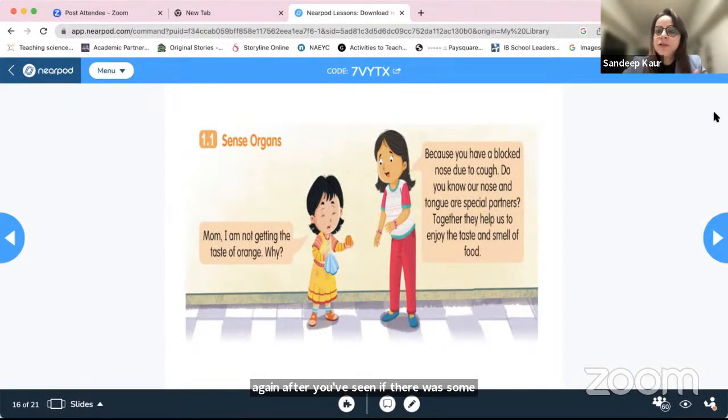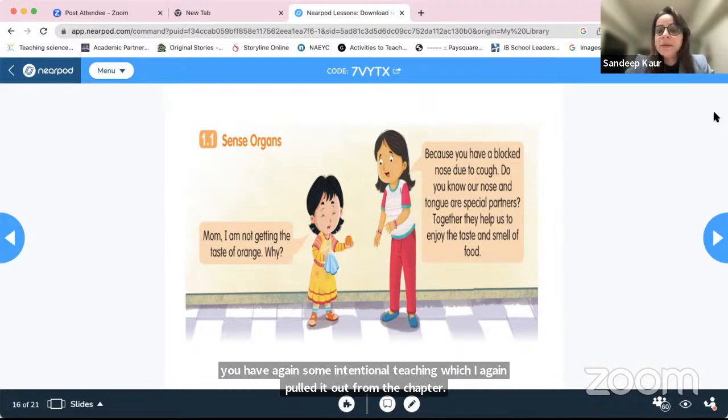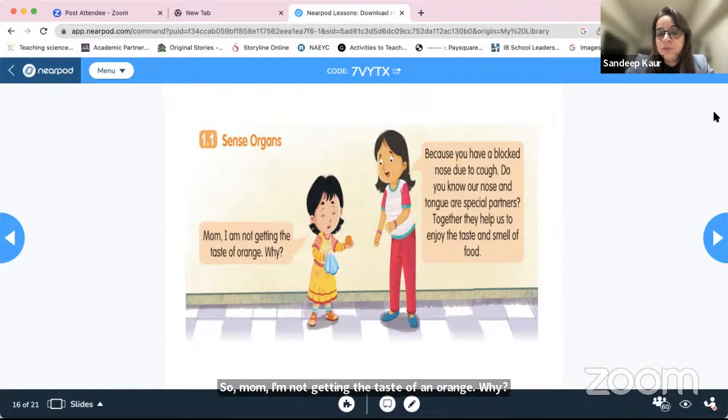Let's move forward. After you've seen if there were some misconceptions, then you address those. We had a few people share about the brain being a commonality between passing on. So you have some intentional teaching, which I pulled out from the chapter. Mom, I'm not getting the taste of an orange. Why? Because you have a blocked nose due to cough. Do you know our nose and tongue are special partners?